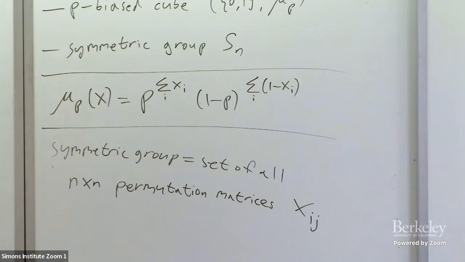So we have these n squared, or n by n array of inputs, which I call x_ij. Each of them is 0 or 1. There's exactly one 1 in every row and column. And this also gives you a definition of degree. A function is degree d if you can write it as a degree d polynomial. Then you can ask the same questions and hope maybe for an enlightening answer.